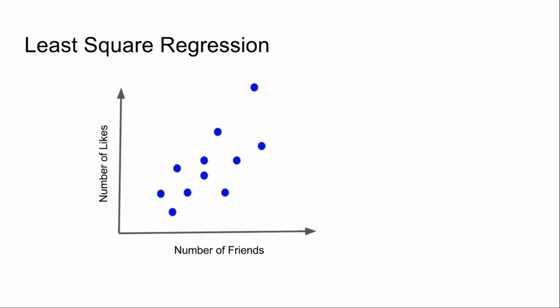Here we need to solve the equation for the straight line in such a way that minimizes these errors. That means we need to minimize the distance from the points to the straight line. So here we need to calculate the slope and y-intercept.